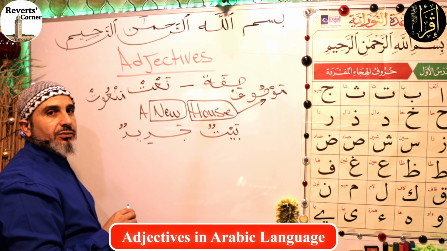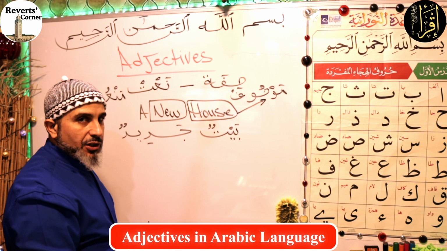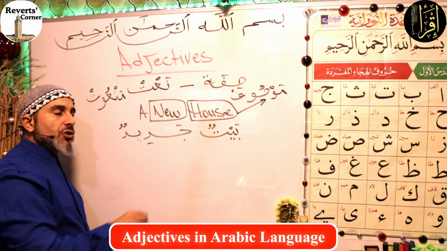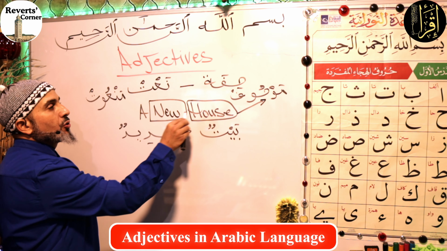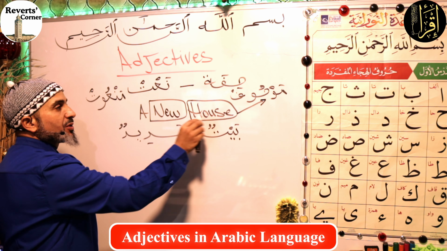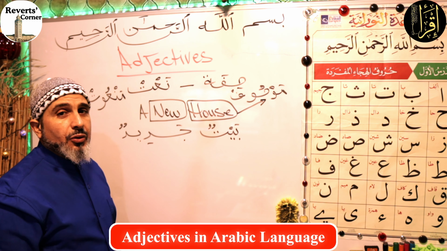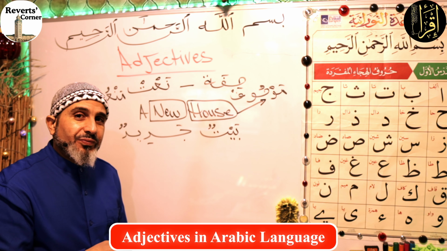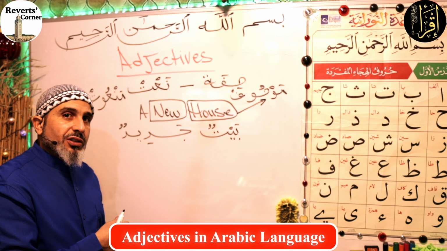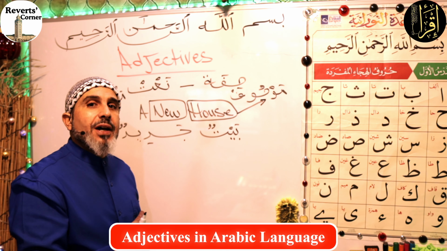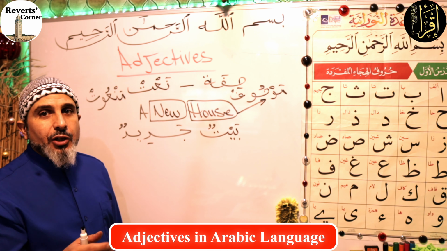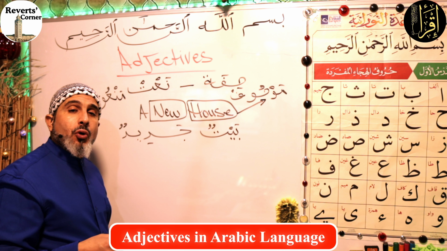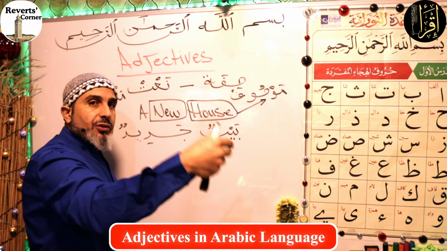Did you notice anything strange? The adjective in the English comes before the noun being described. A new house. The adjective comes before the noun. Well, that's the English language, and we're studying the Arabic language. In the Arabic language, however, the adjective or the property or the quality comes after the noun.